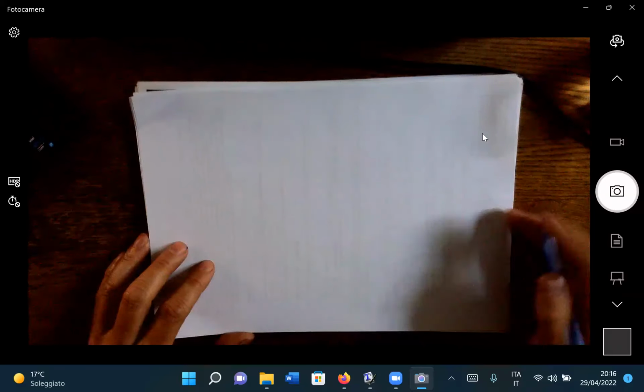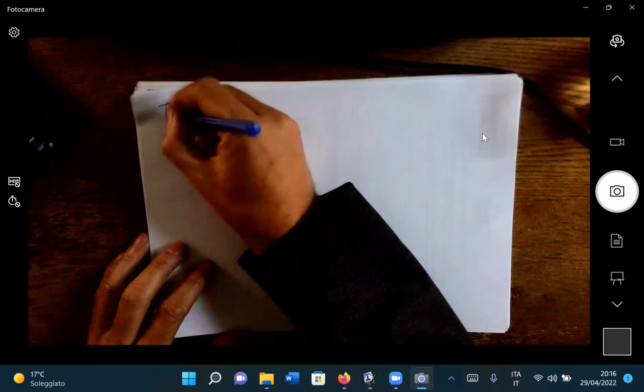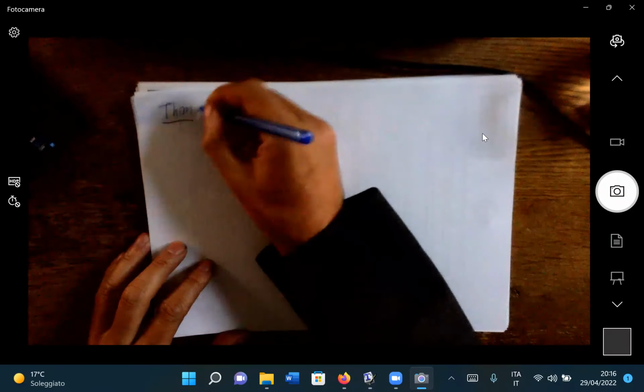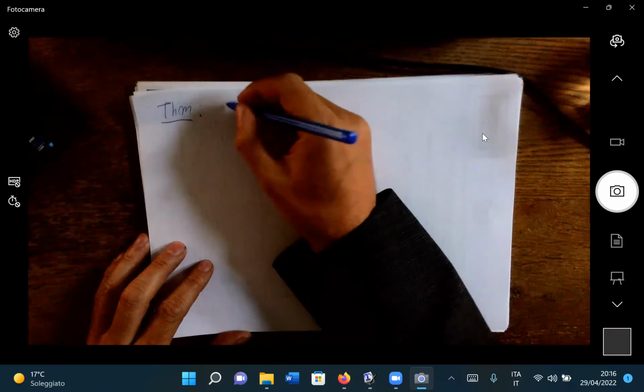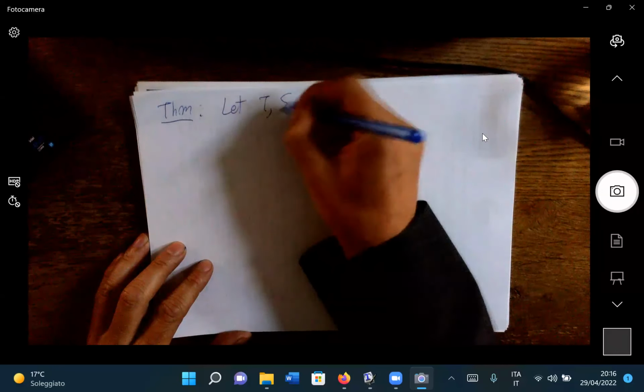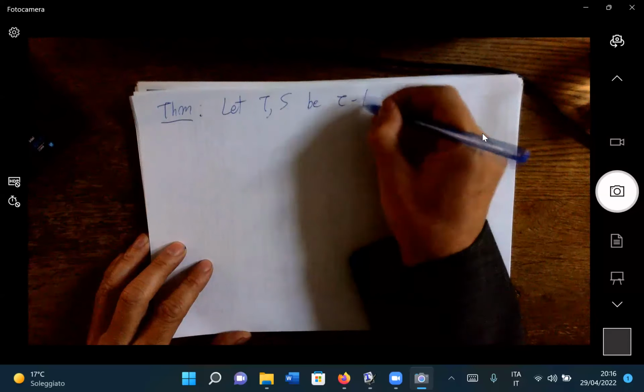Okay, and here is the characterization that brings my attention to this notion of AMC. Let T, S be tau theories.